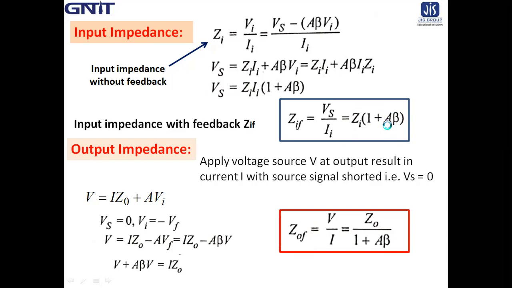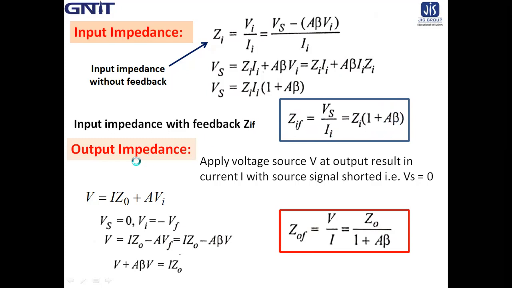And this applies to both voltage series and current series feedback topology. Higher input impedance is obtained by series mixing of the feedback signal. So input impedance with feedback is increased by a factor of 1 plus A beta.